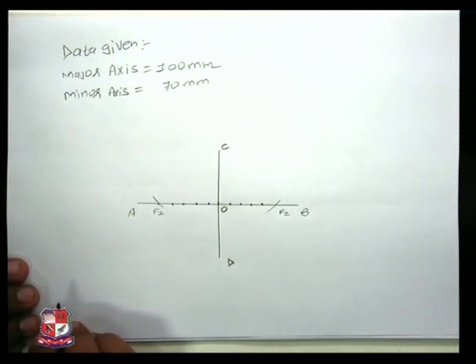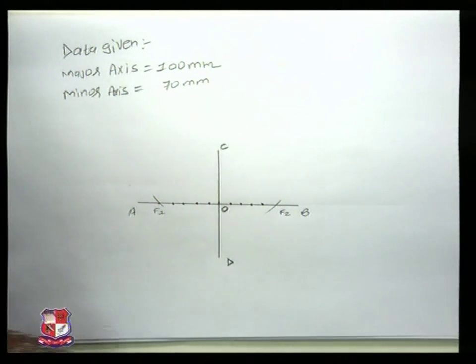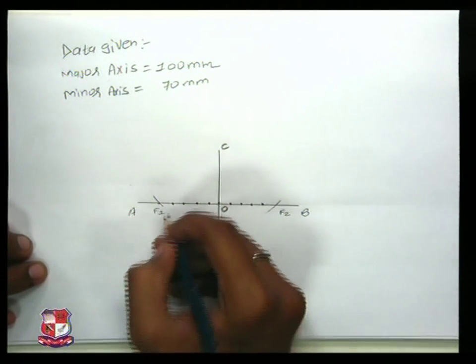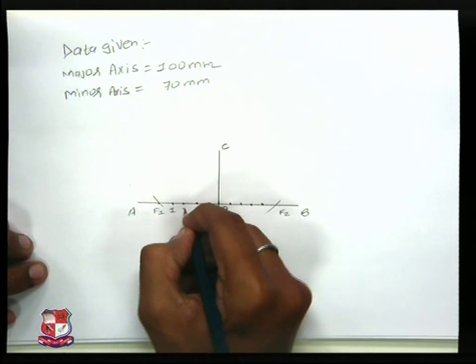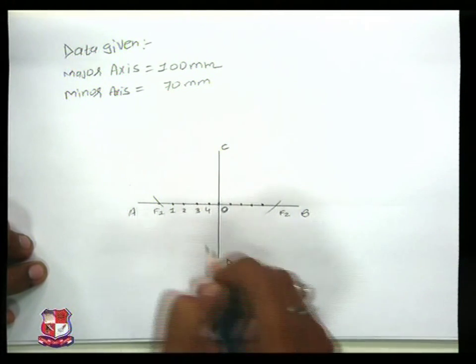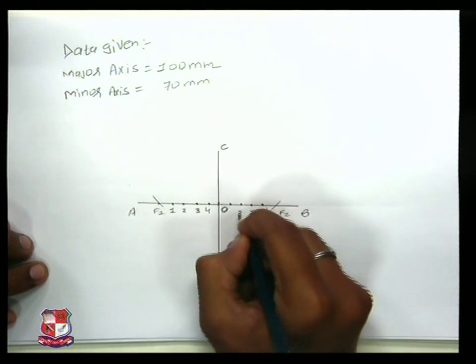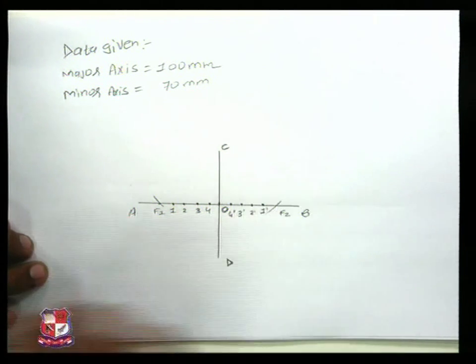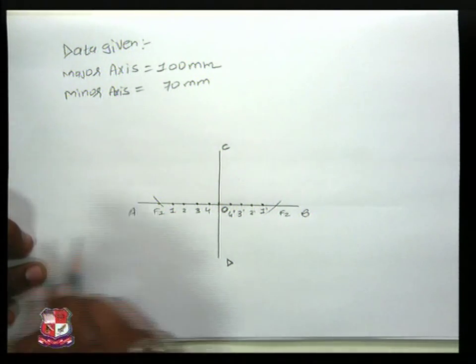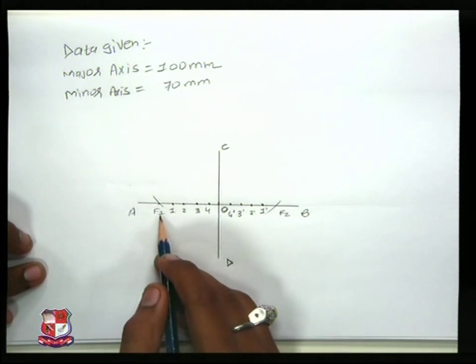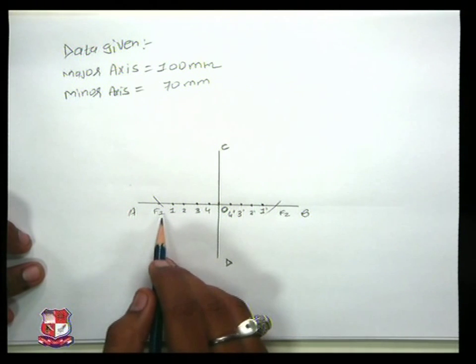Now let's name these 1, 2, 3, 4, and over here 1 dash, 2 dash, 3 dash and 4 dash. Give the nomenclature 1 to the point next to the focus point.